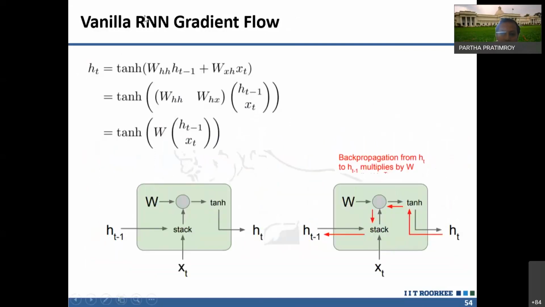So if you have this cell, you have this HT and XT, and these are stacked, 4 plus 3, a total of 7. Then you use a tanh function, the activation function, and you get the HT. Now if you want to do backpropagation, you generate the loss, and these loss values will be propagated using this backward flow.